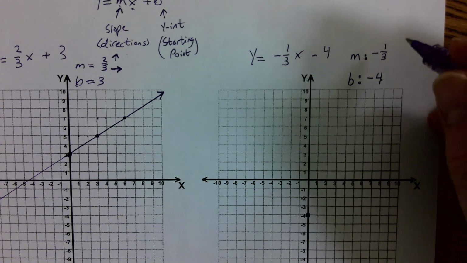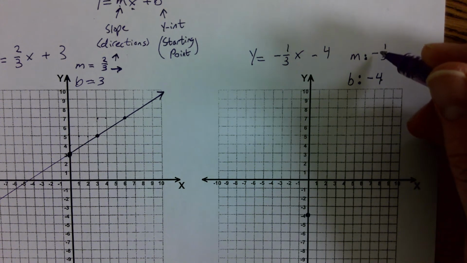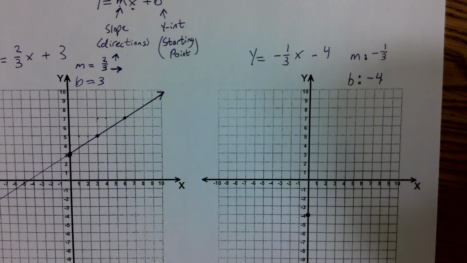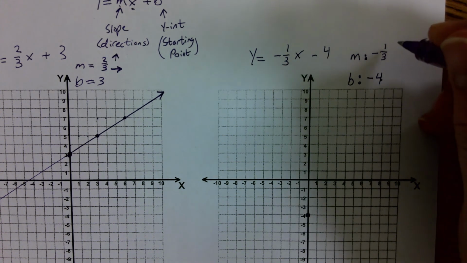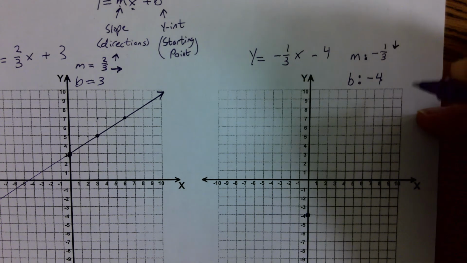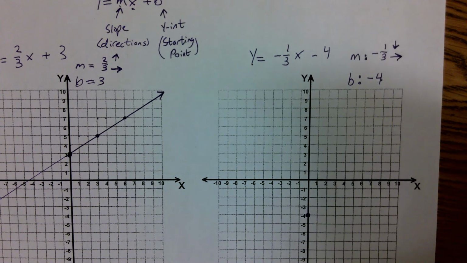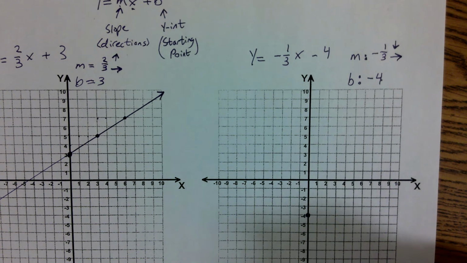So I like to think of the negative sign as determining up or down, and then the bottom always being positive. So I would say that we would go down 1 and to the right 3, because down is negative in the y direction and right is positive in the x direction.